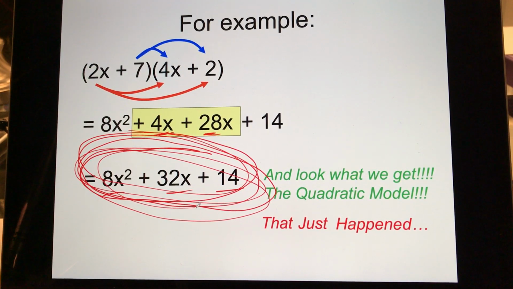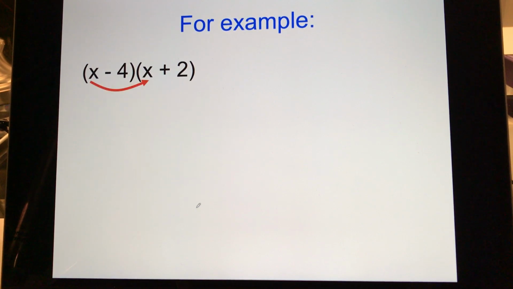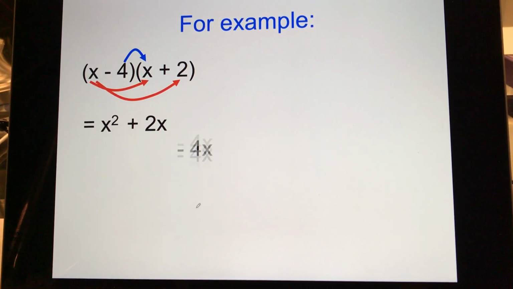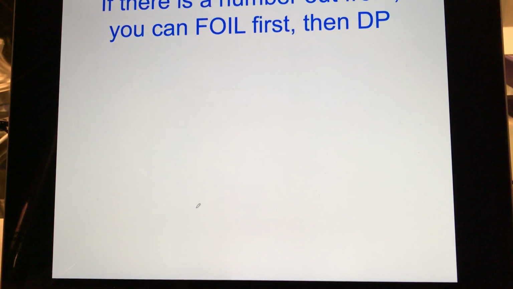So that's the reason why we're studying FOIL now, because we can see how it ties into our quadratics. Another example, I could FOIL these. x times x is x squared, 2x, negative 4x, and negative 8. And then again, I would add the inner two terms together to get my final answer, which of course is also a quadratic.